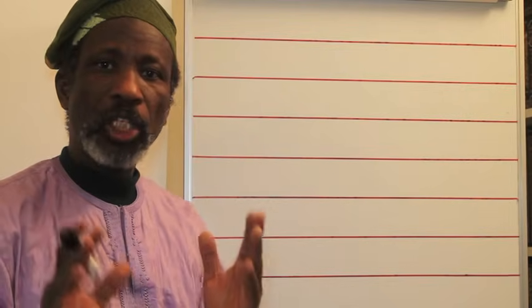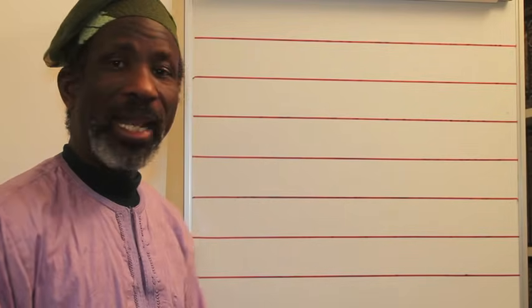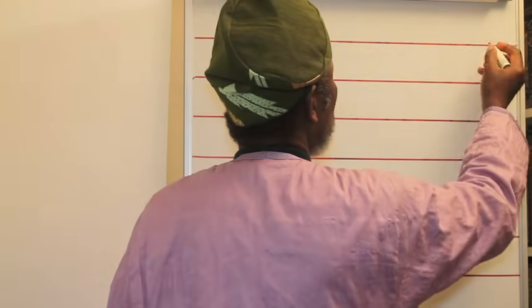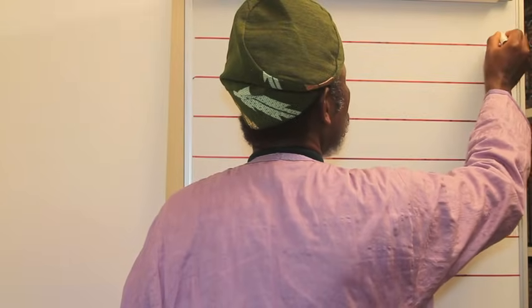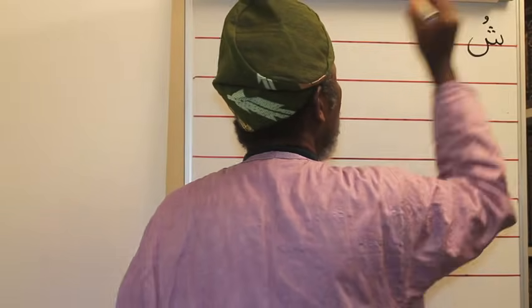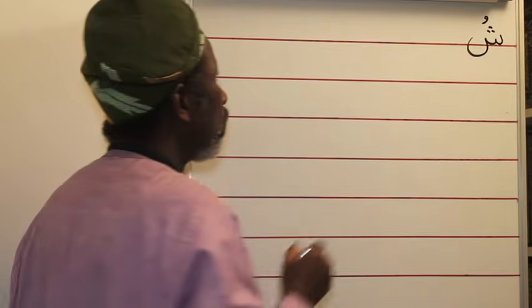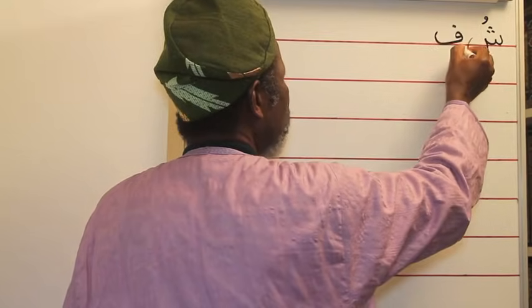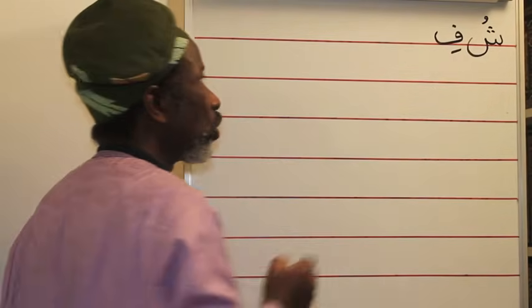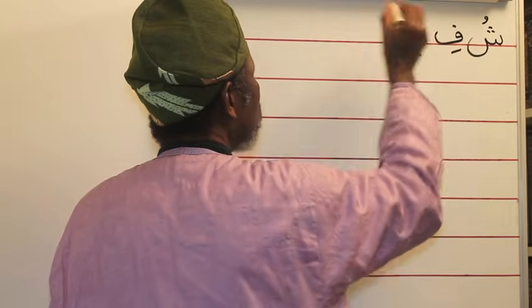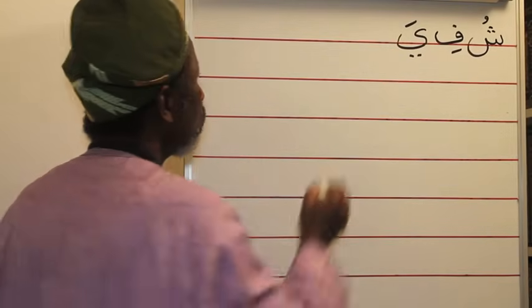We start on page 34 with letter Shin. Shin, the beginning. A Shin with Dhamma becomes Shu. Fa, with Kesra, Fi. Shu, Fi, and then Ya, Fatha, Shufiya.